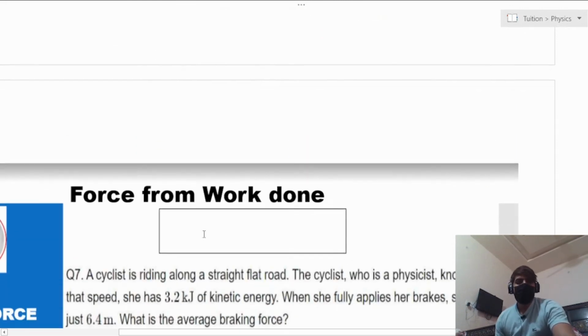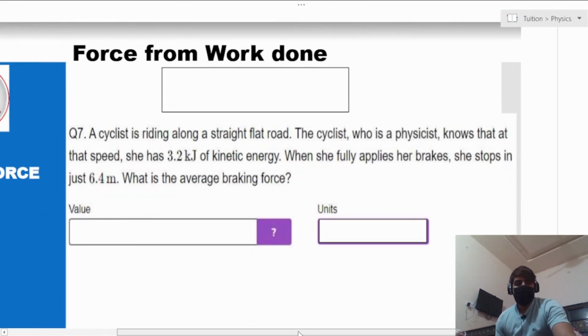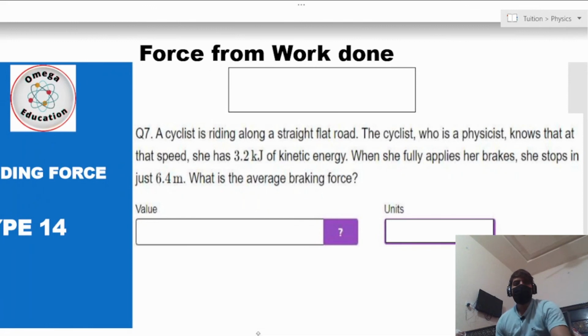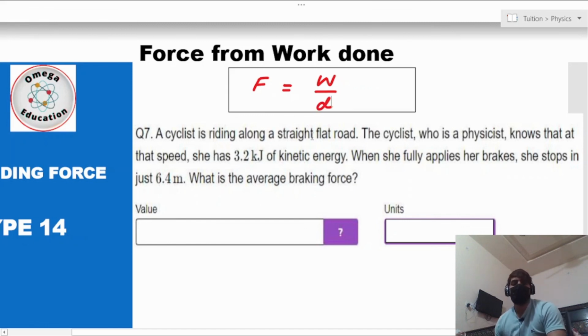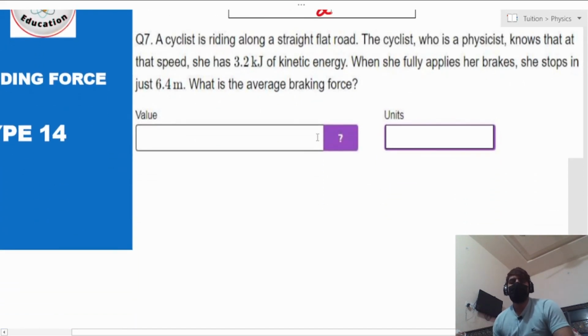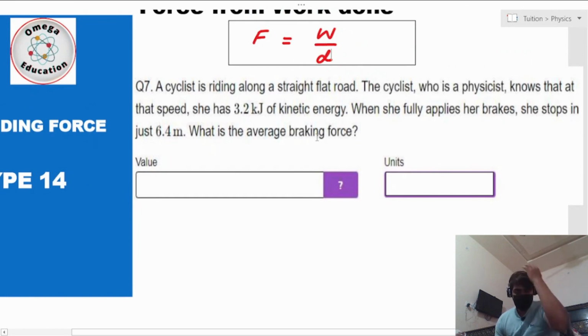All right, let's move on to the next one, and in this case you'll be asked to find the force from work done. The formula that we use in that case is force equals work done divided by the distance covered in the direction of force. All right, so a cyclist is riding along a flat road.